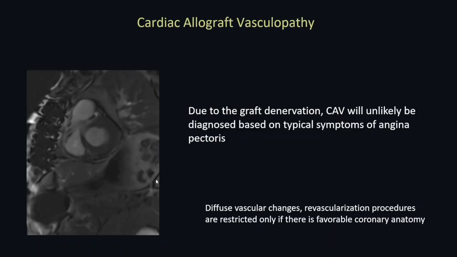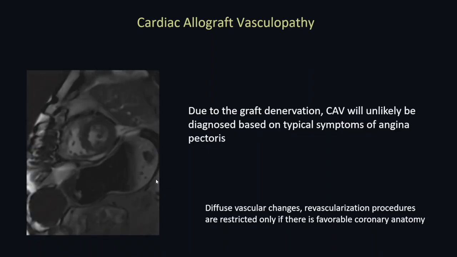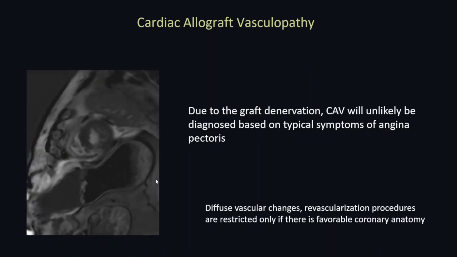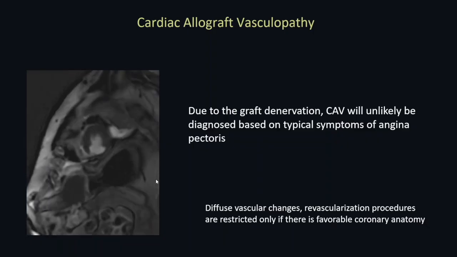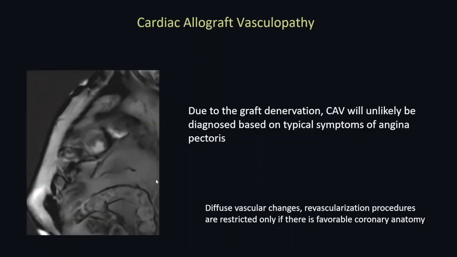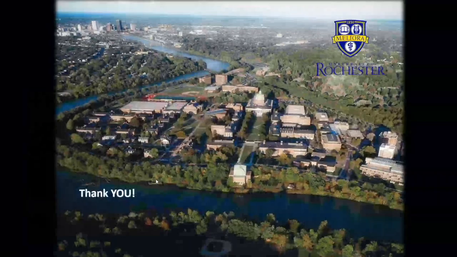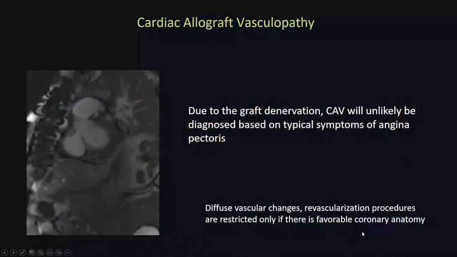Because the graft is denervated, CAV can be difficult to diagnose, and that's why we often do stress MRs to look at these patients. These are difficult to treat lesions because stent revascularization can be tough, and it's restricted only to those who have favorable coronary anatomy.